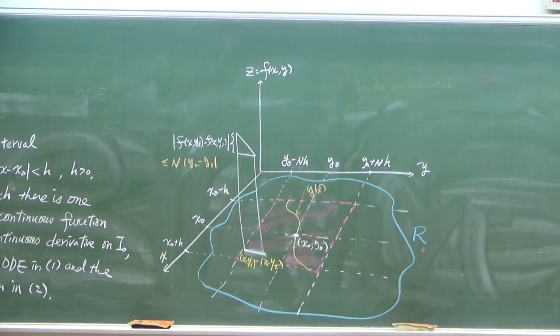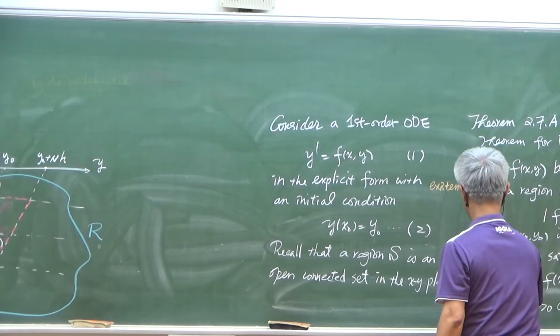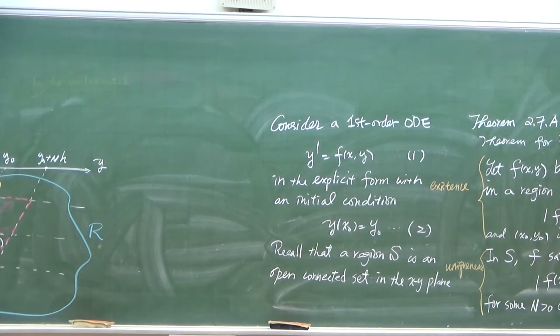Now I can tell you that this part gives you the existence condition, and this part gives you the uniqueness. Later on I will write a more specific theorem provided by the textbook.